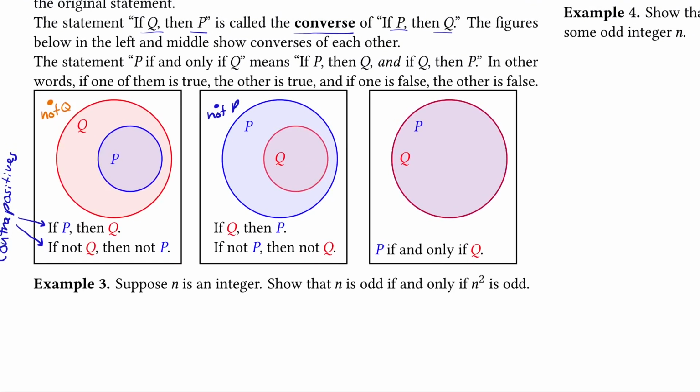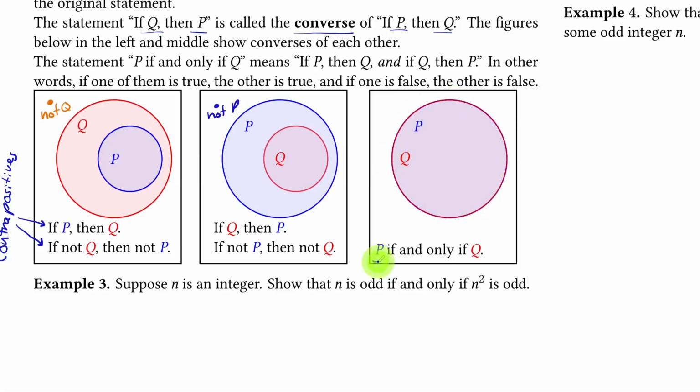Now, there's also a thing called a bijection, the statement P if and only if Q. That means P and Q are equivalent. It means we have both of these situations combined, and the only way they could both be inside of each other is if it's the same circle.